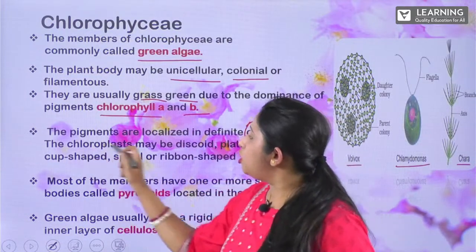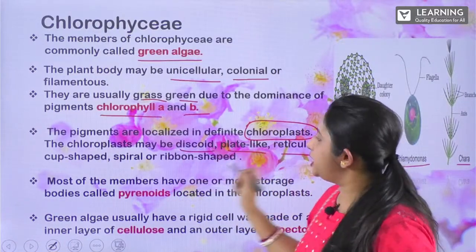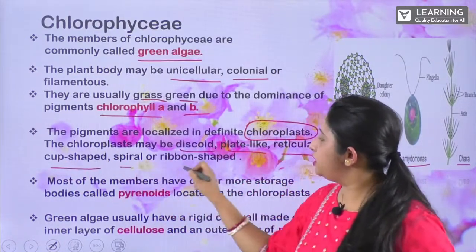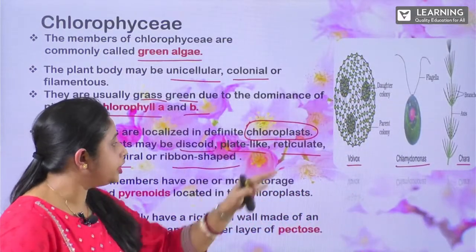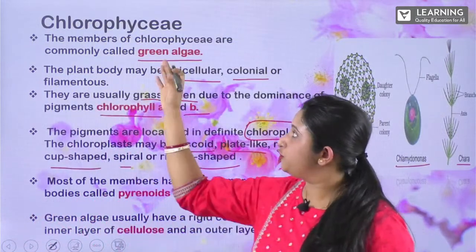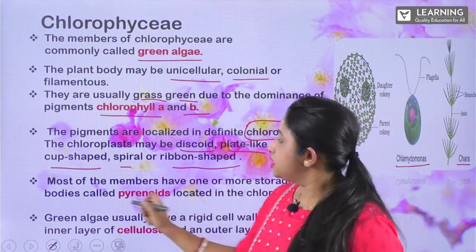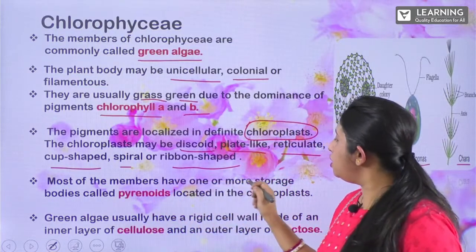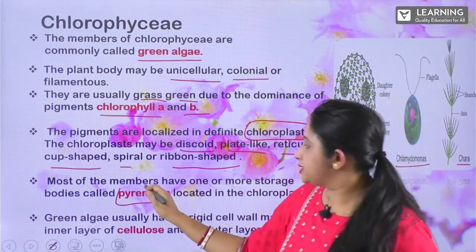The chloroplast may be discoid, plate-like, reticulate, cup-shaped, spiral or ribbon-shaped. These are the different shapes of chloroplast in Chlorophyceae. Most members have one or more storage bodies called pyrenoids.